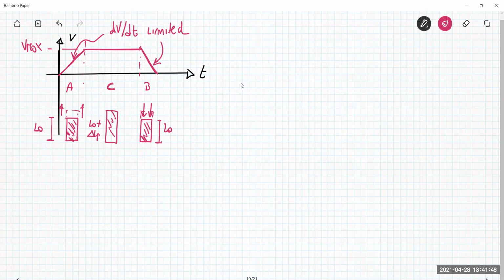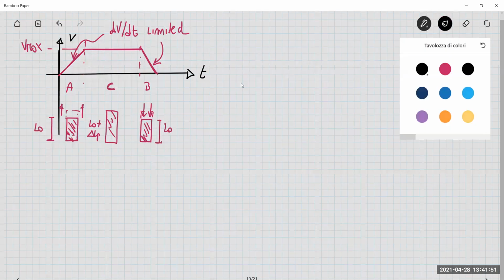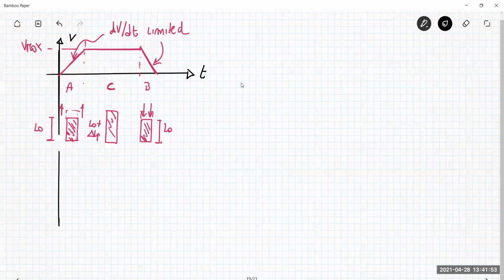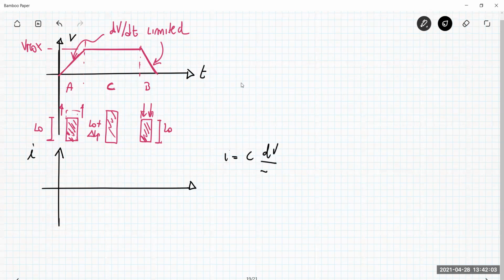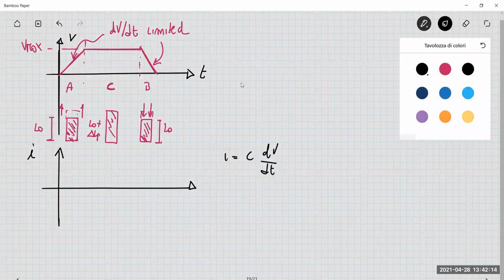So what about the current flowing to the piezo actuator? Let me put here a graph of the current. The current is related to the capacitance and the voltage by this relationship, because we are in presence of a capacitance. When you have an energization phase, you have a positive current.